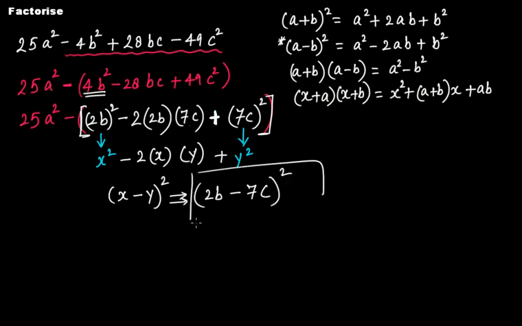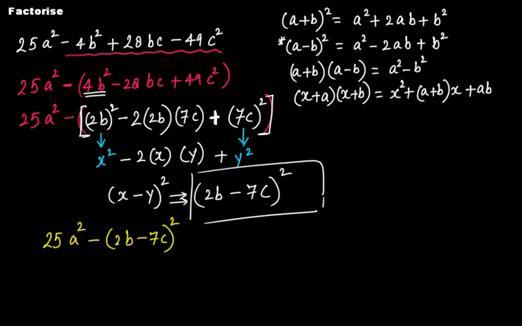So this is your factorization of this algebraic expression. Sorry, still you have 25a squared. So now you have 25a squared minus (2b minus 7c) whole squared, right?